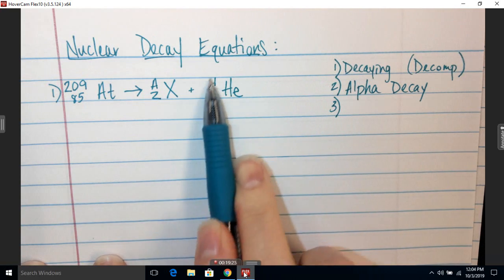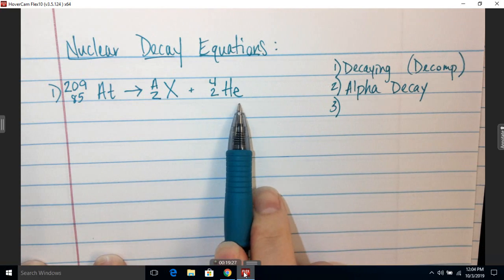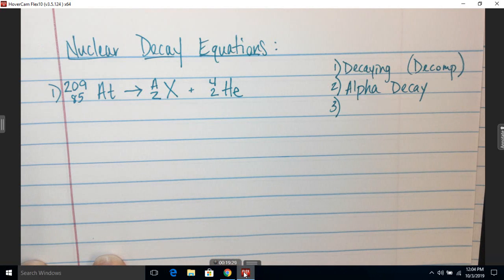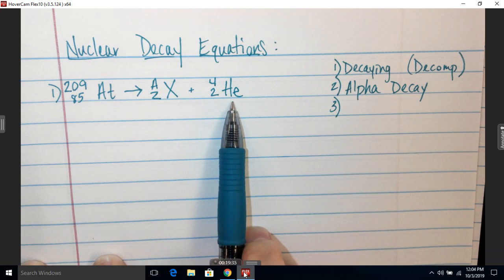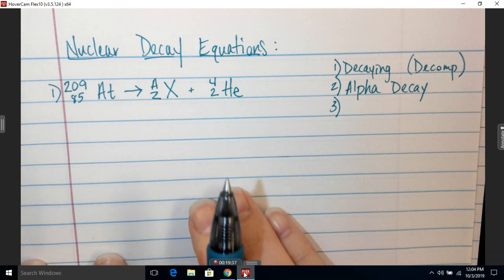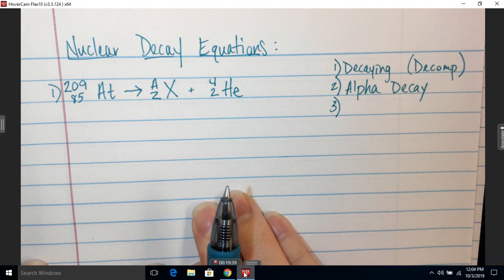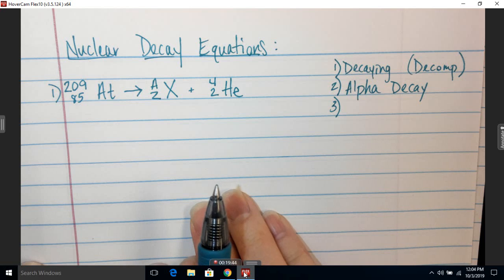This is what you look for. It automatically means alpha decay. Helium. An alpha particle is 2 protons and 2 neutrons. So that is the nucleus of helium.